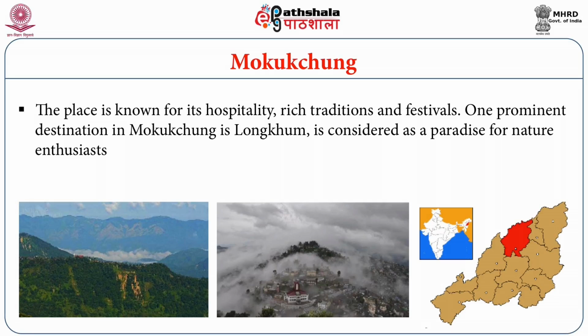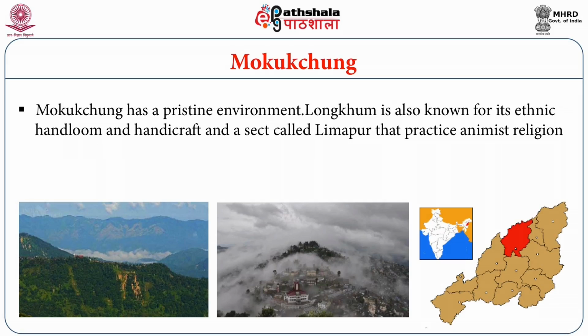One prominent destination in Mokokchung is Longkhum, considered as a paradise for nature enthusiasts. Mokokchung has a pristine environment. Longkhum is also known for its ethnic handloom and handicraft and a sect called Limapur that practice animist religion.